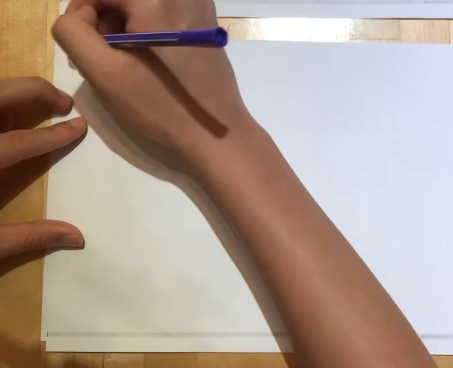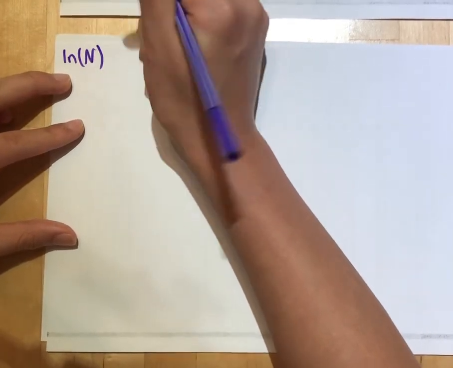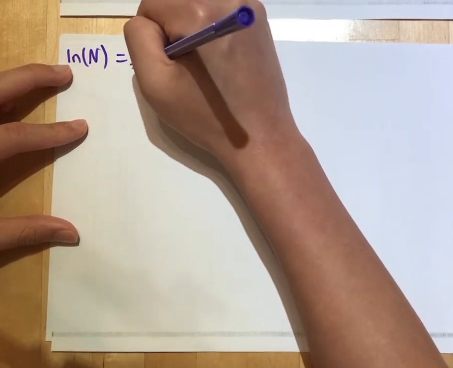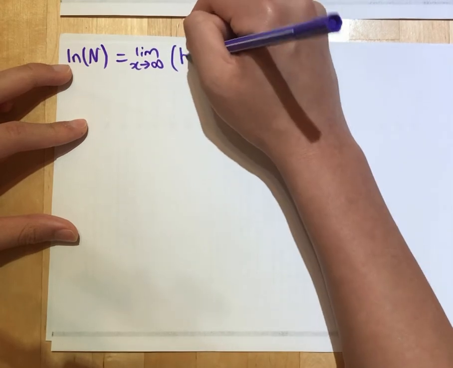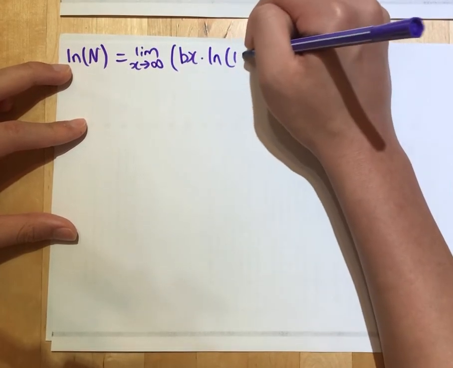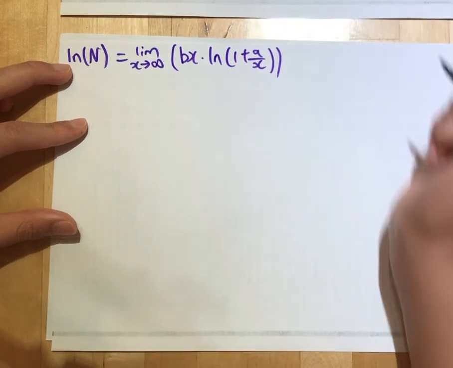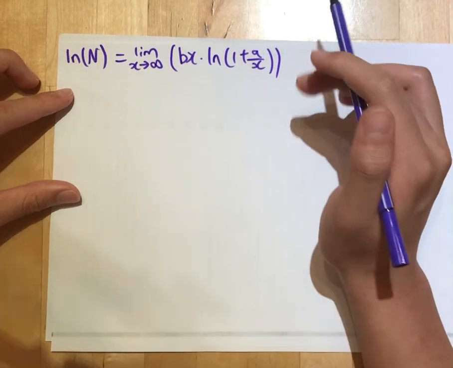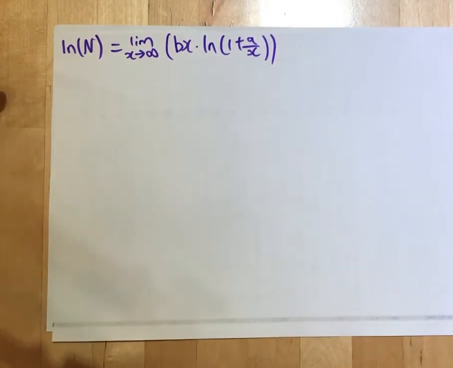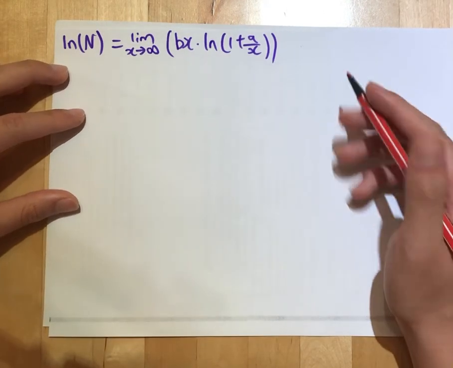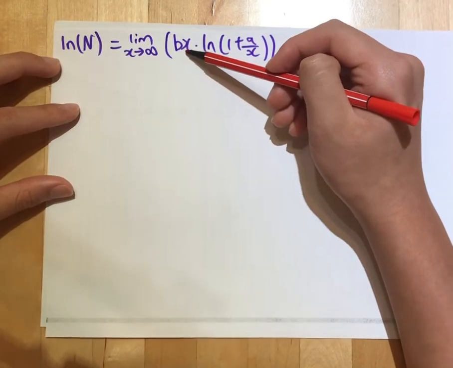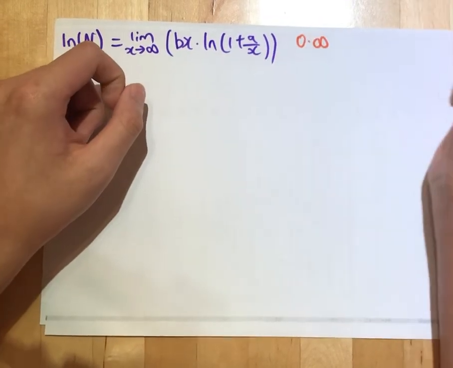Let me use another paper. So now we have the natural log of the solution is equal to the limit as x approaching infinity of bx multiplied by ln(1 plus a over x). We tried to substitute x to infinity. That doesn't work. So when we encounter 0 multiplied by infinity, we usually try to move one of the x's to the denominator.